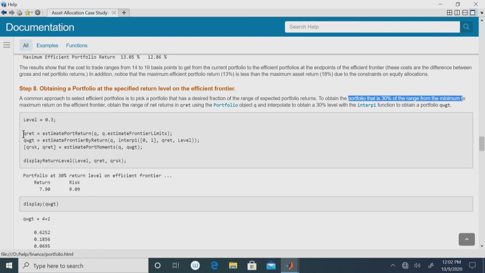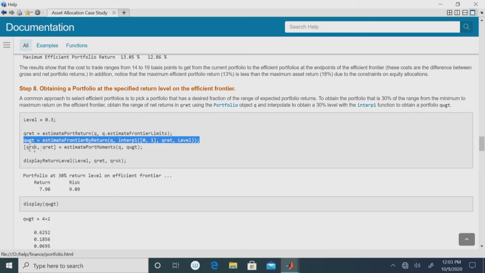So you have Q return, which will store the efficient frontier limits, and then you have to decide what the exact portfolio is that you want as a result of setting your expected return level to be 30% of the range from the minimum.